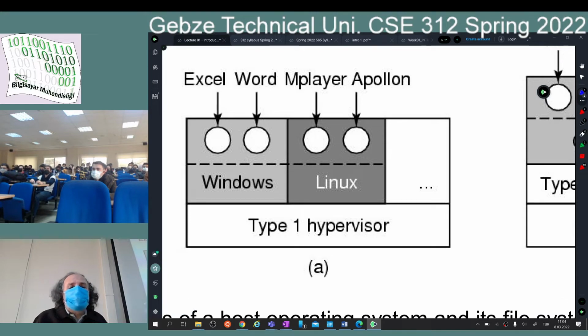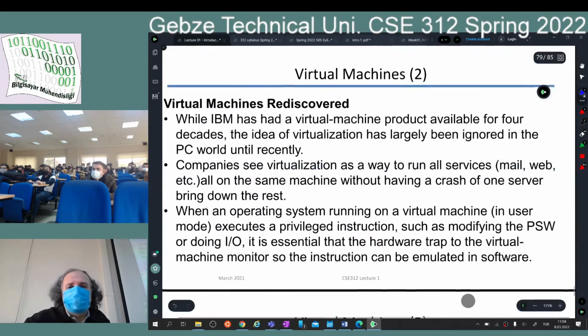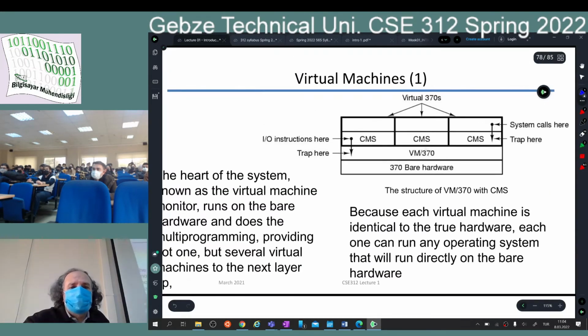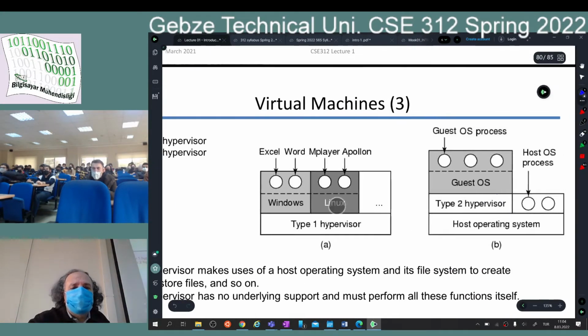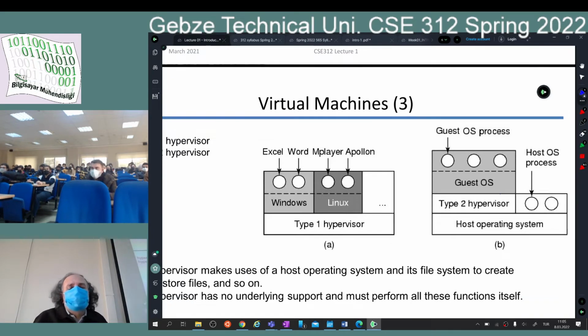This type 1 hypervisor is the same as IBM's solution here. It runs on bare hardware, and you can install many operating systems on top of it. It is the responsibility of the type 1 hypervisor to handle things.